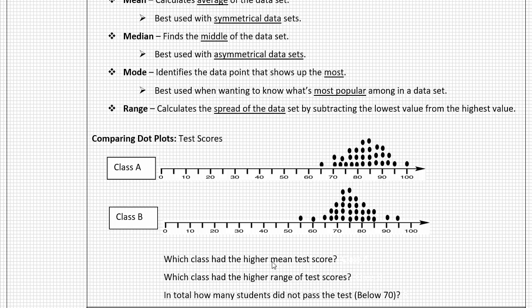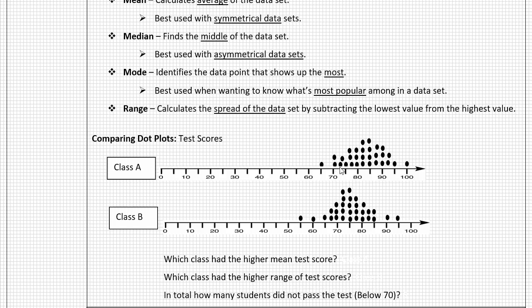One thing I notice about the first question, asking us to calculate the mean, is that on a dot plot, we don't know precisely what all of these numbers are. Some of them we can see right away. This looks like the student scored exactly 100 out of 100 on that test. And these two students are pretty close to 70, but what if that's 71?